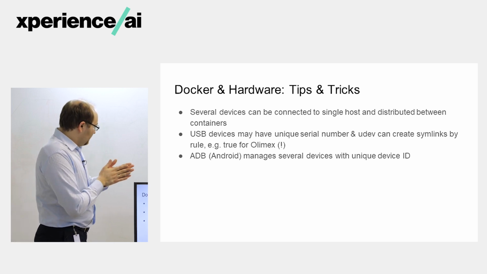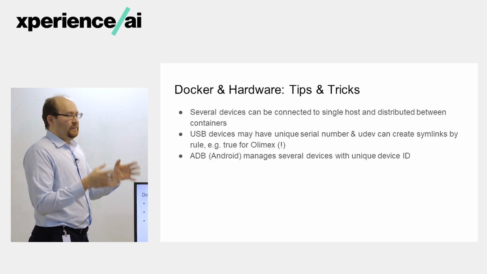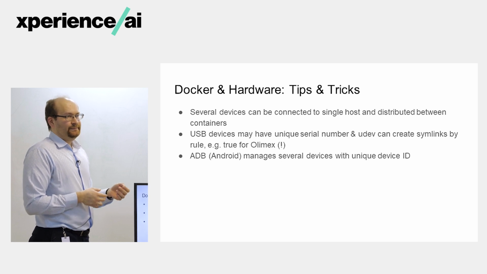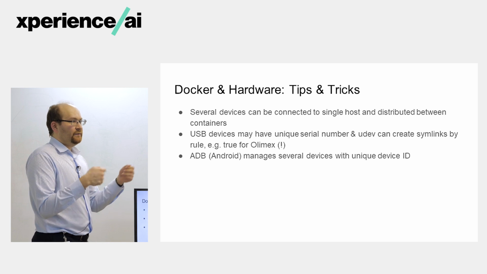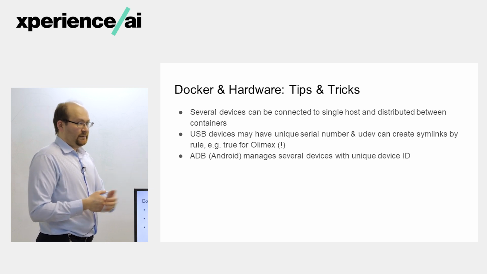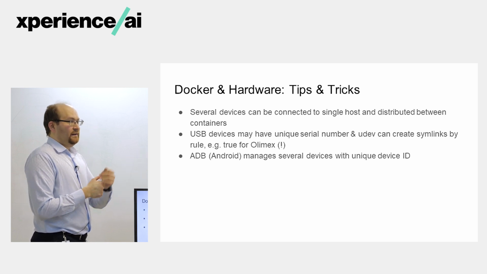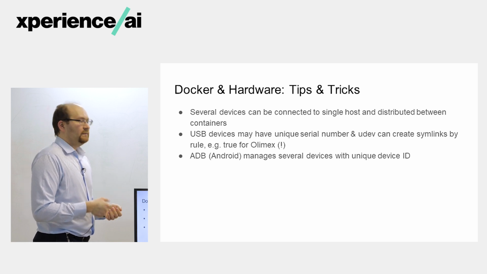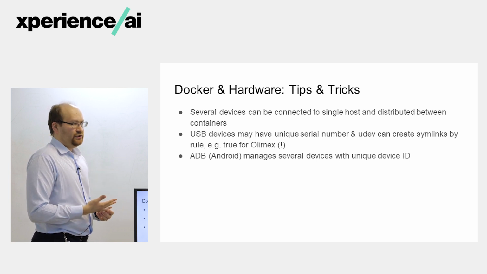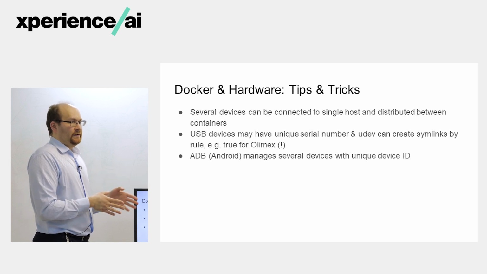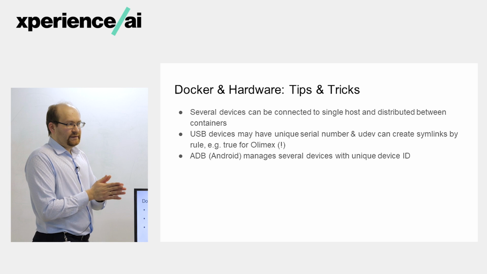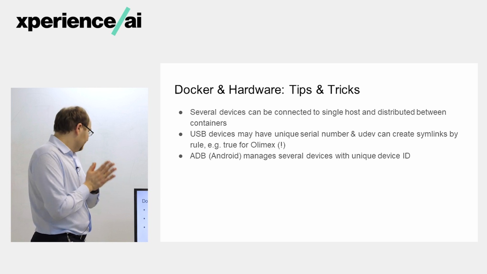And USB helps us because the USB protocol has a serial number, and a lot of devices have a unique serial number, so you can connect a lot of boards. Even JTAG adapters from Linux have their own serial number for each device, and you can work, for example, with several boards together, manage several boards and work with them with a single host.